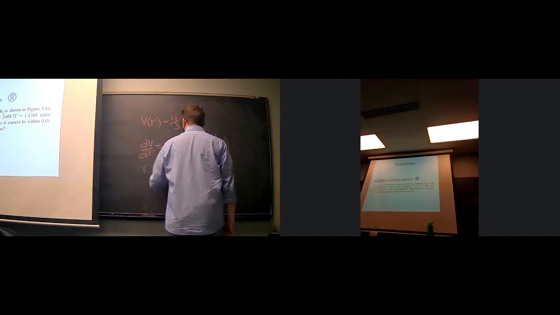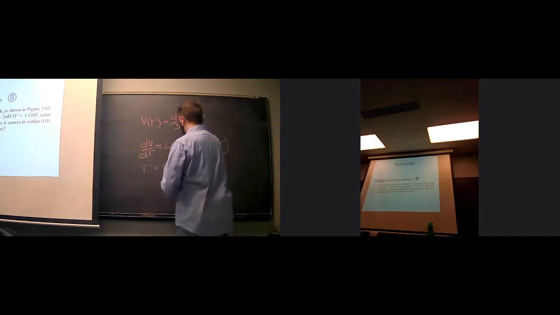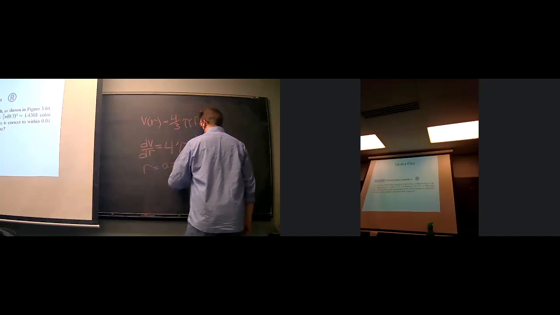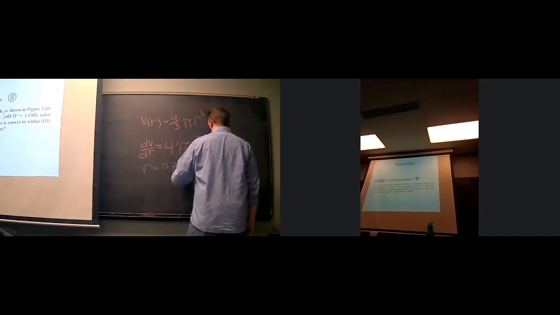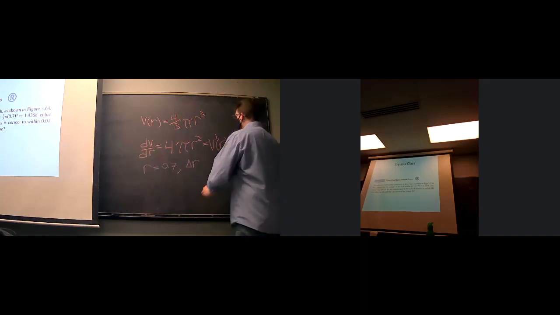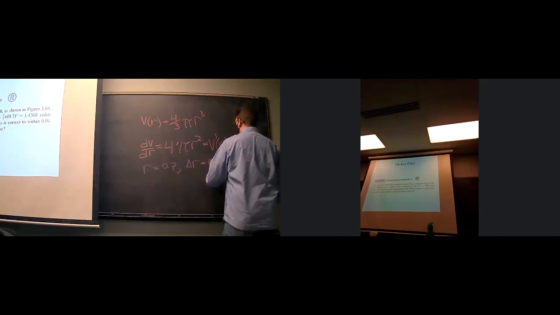So we know r is measured at 0.7. And the possible error in that measurement is up to 0.01 inches.